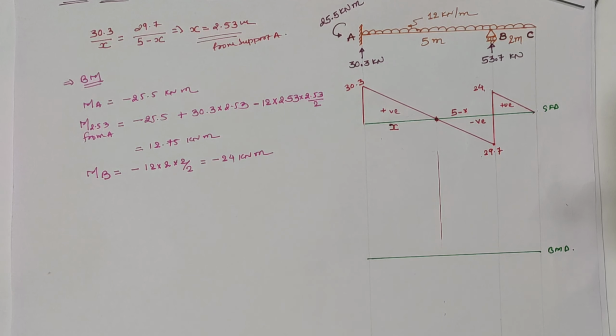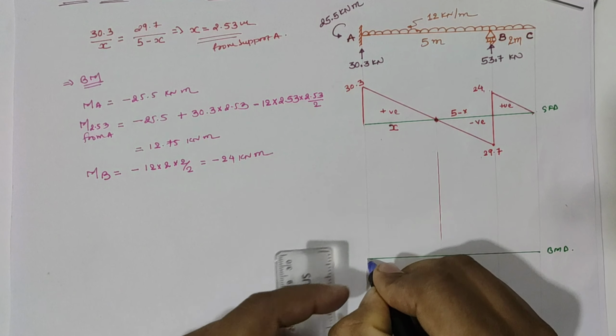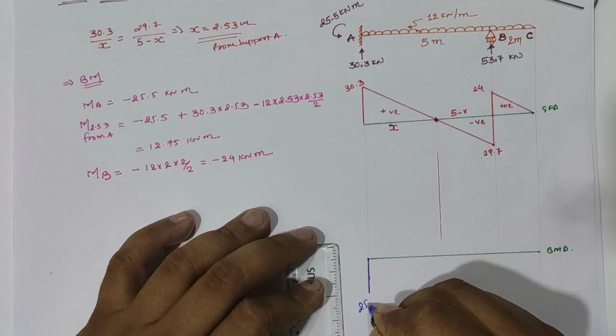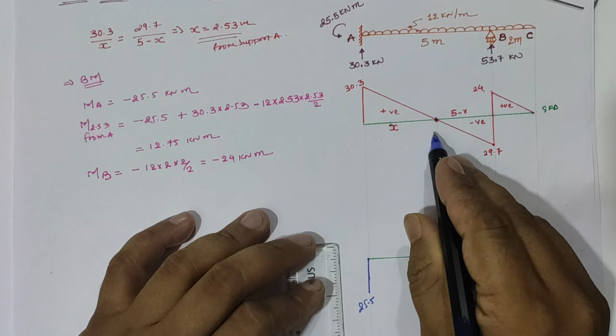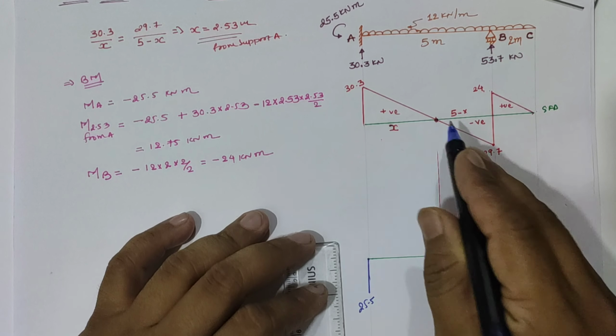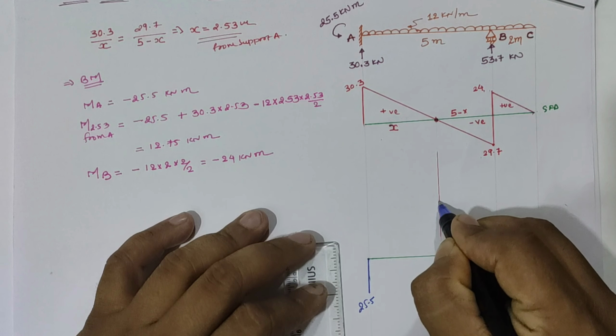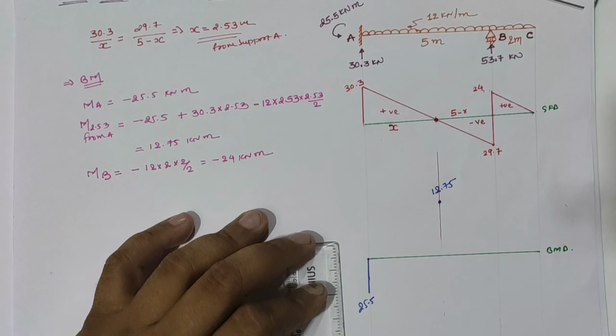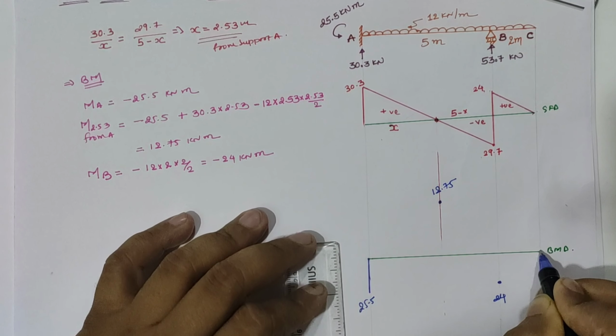Now if we draw a bending moment diagram according to these values, we will have the moment at A as minus 25.5, then at shear force 0 location we will have the value as positive 12.75, and at location B our value is minus 24, and at location C our value is 0.